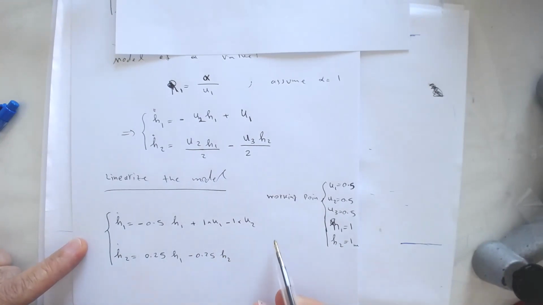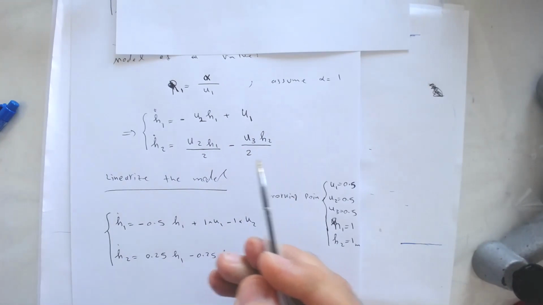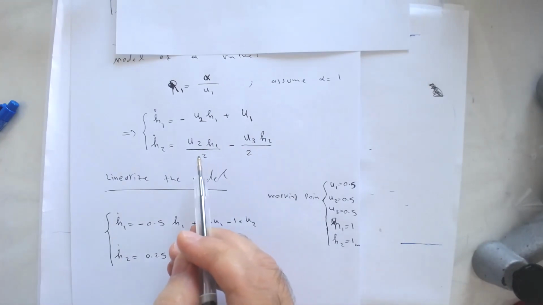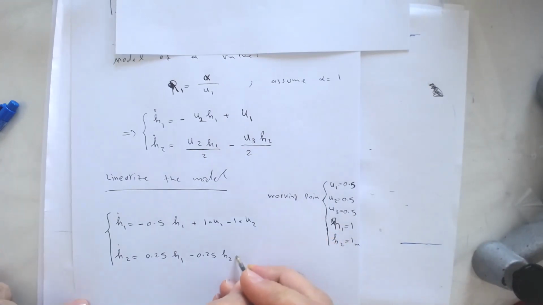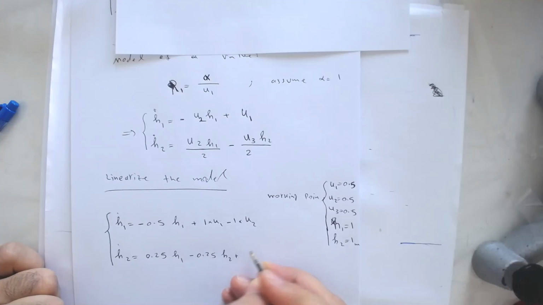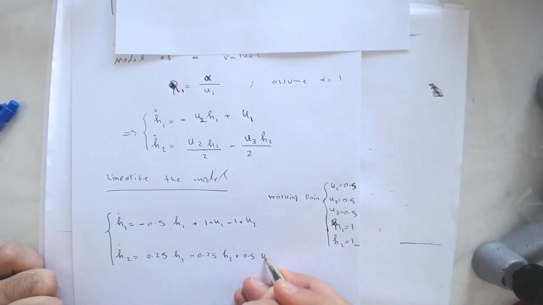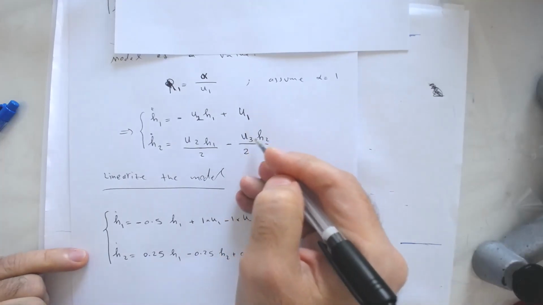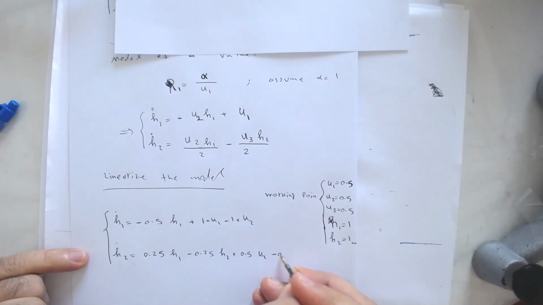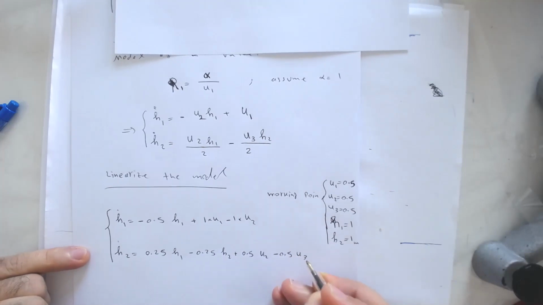The derivative with respect to U1, there is no U1, so it's 0. With respect to U2, it's H1 over 2, and H1 is 1, so it would be plus 0.5 U2, and finally, with respect to U3, it would be minus 0.5 U3.